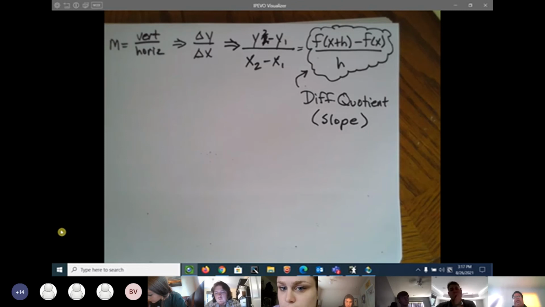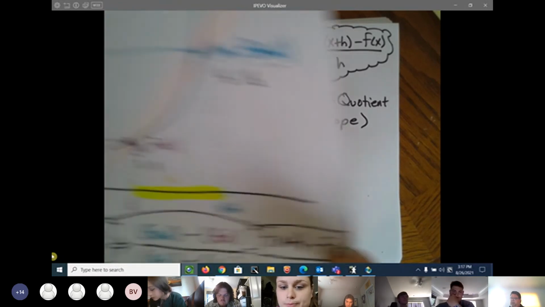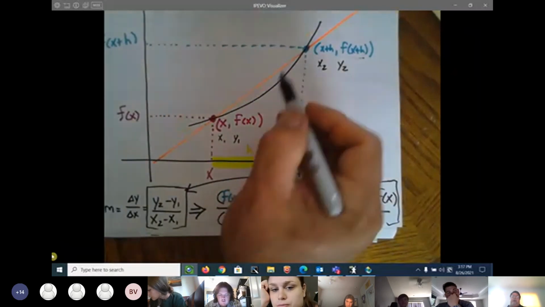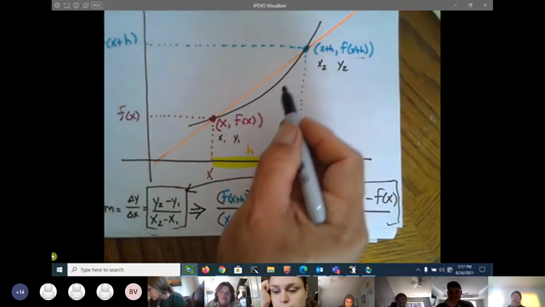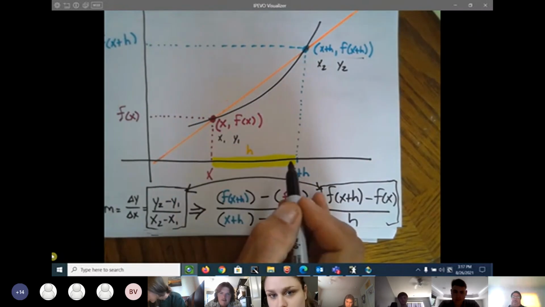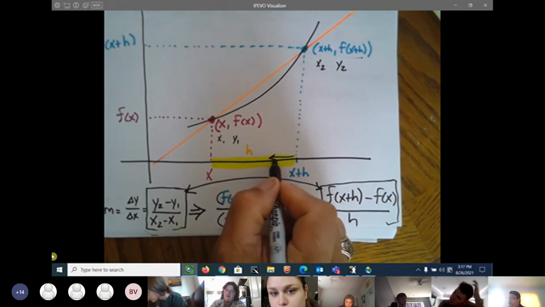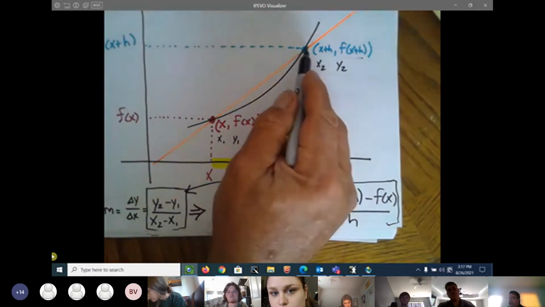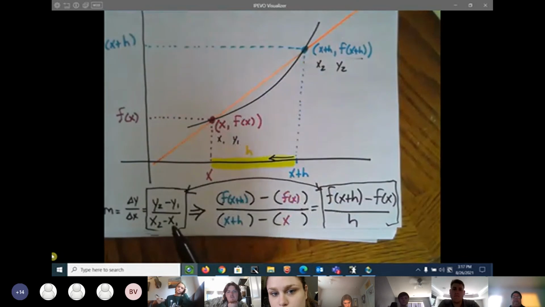Now, I'm going to give you a little bit of a taste of what we're going to see in chapter 1. Okay, everybody with me? Let's say that I'm going to bring this blue dot closer to this red dot. What will do that? What will bring that blue dot down here to this red dot? Making h smaller.